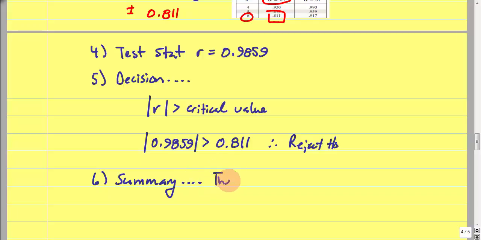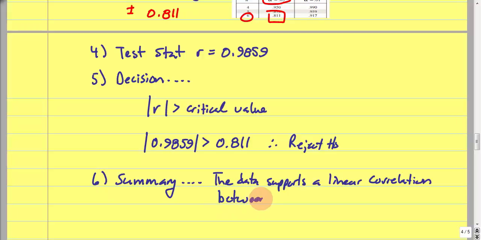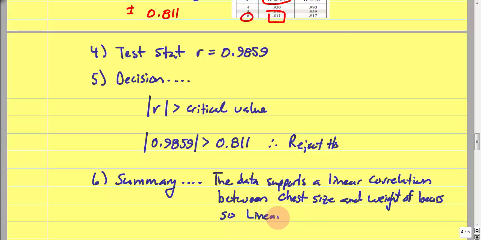So the data supports a linear correlation between the 2 random variables. And the 2 random variables were chest size and weight. So, linear regression is appropriate.